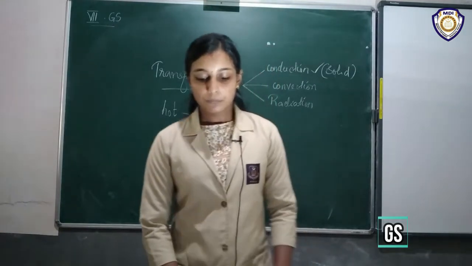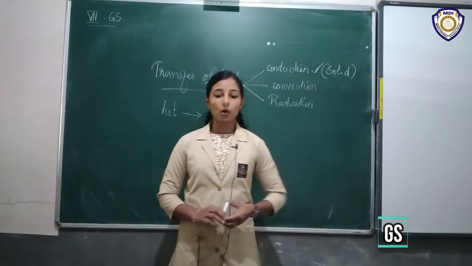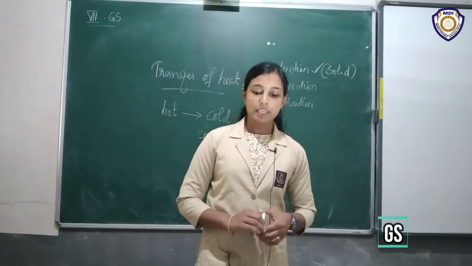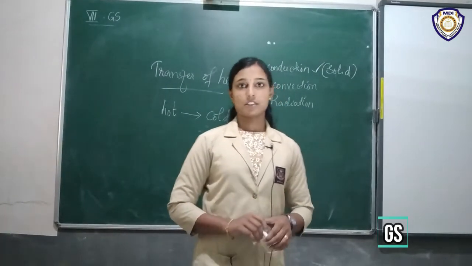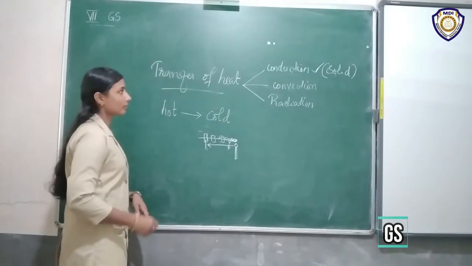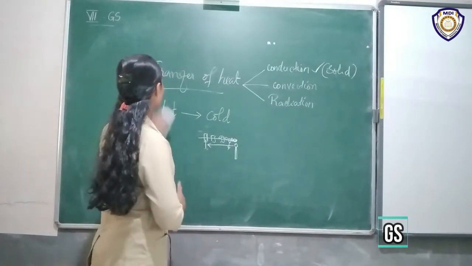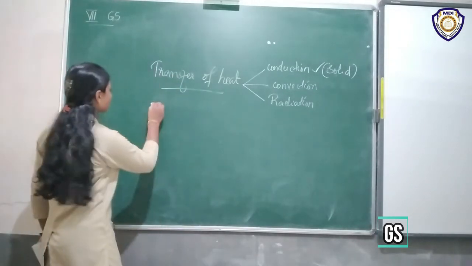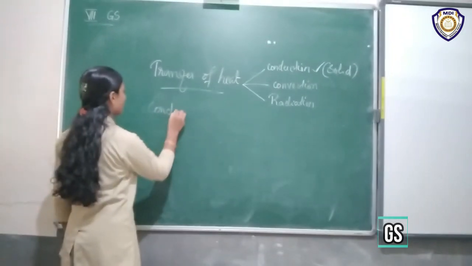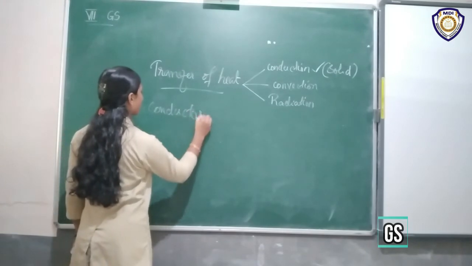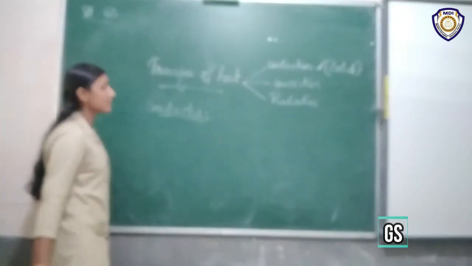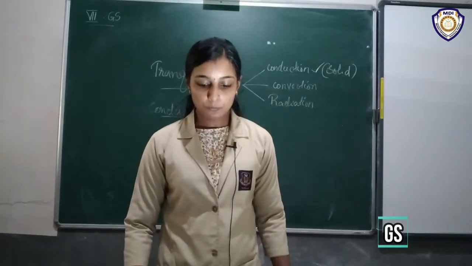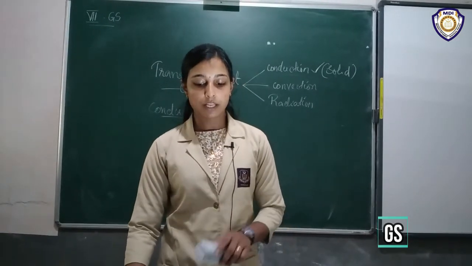Okay. So the materials which allow heat to pass through them easily are known as conductors. Okay. So we have to know what are conductors and insulators. Conductors means the materials which allow heat to pass through them easily.